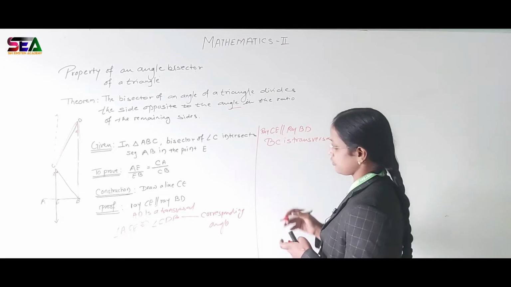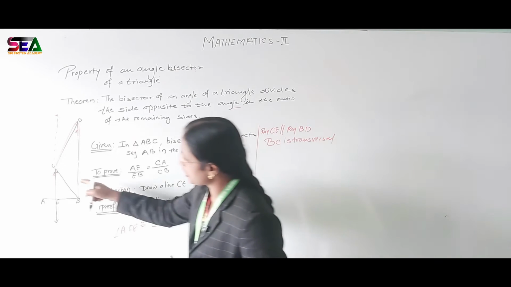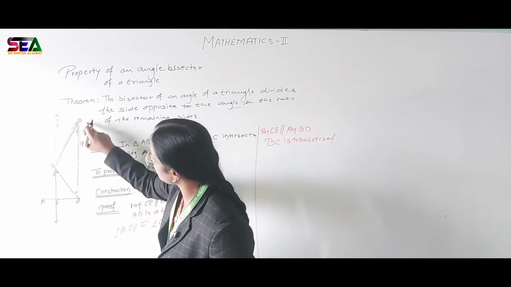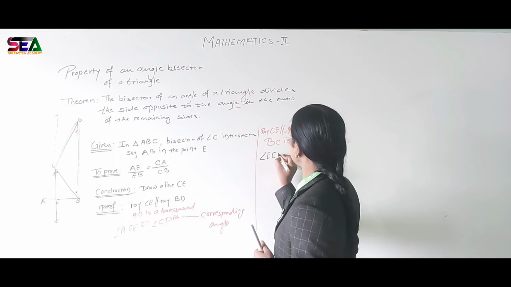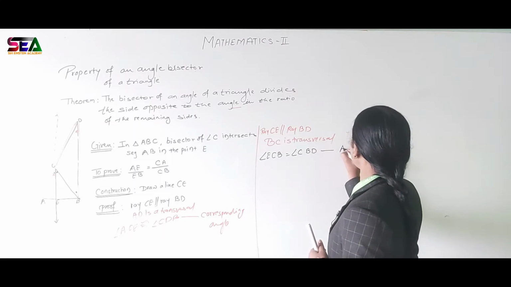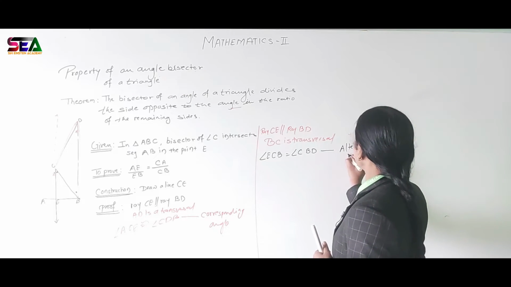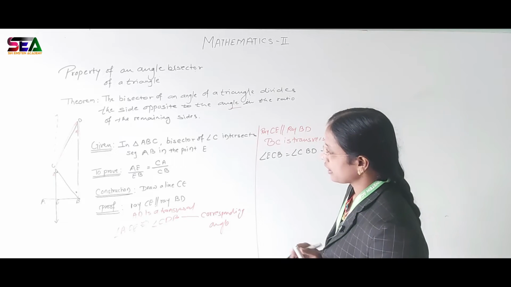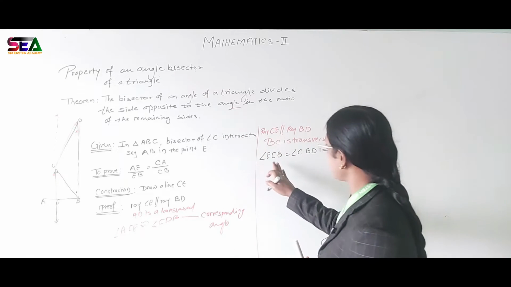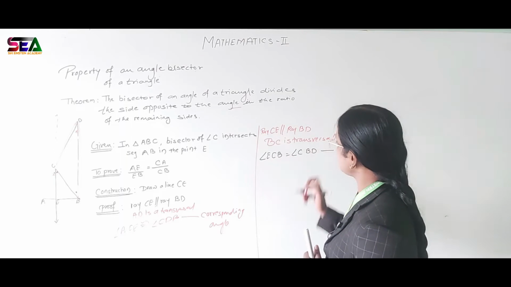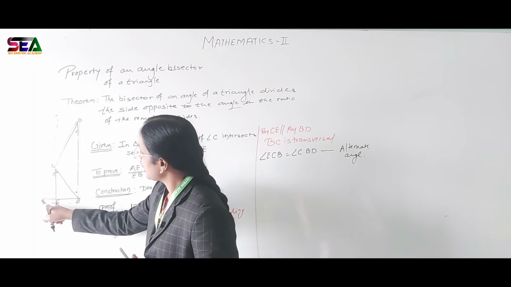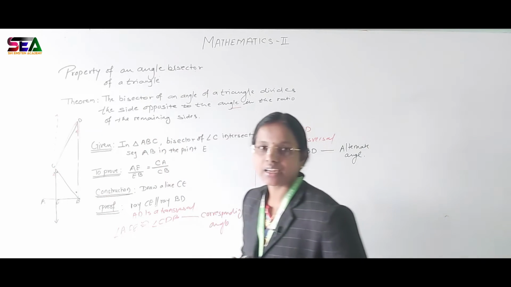When BC is the transversal, angle ECB and angle CBD form again one pair of alternate angles. If you see angle ACE with CDB, and again angle ECB with CBD, but because of this bisector CE, ACE and ECB are equal.